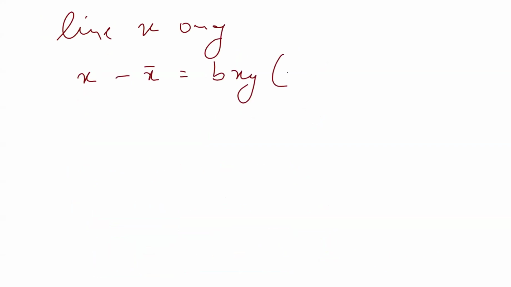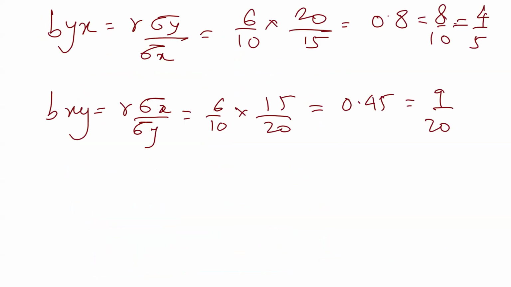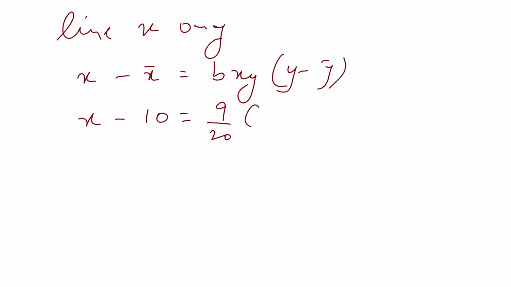Line x on y, x minus x bar equal to bxy, y minus y bar. So the x bar value is 10, bxy is 9 by 20, which we calculated some time back. Okay, y minus y bar is 20, given in the problem.